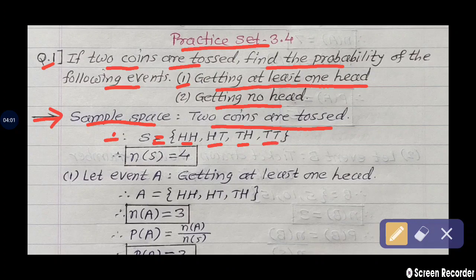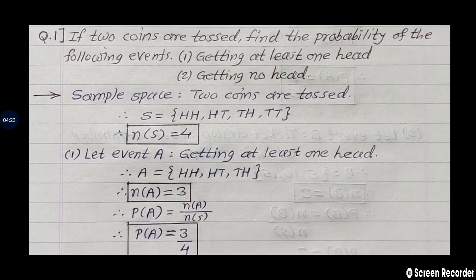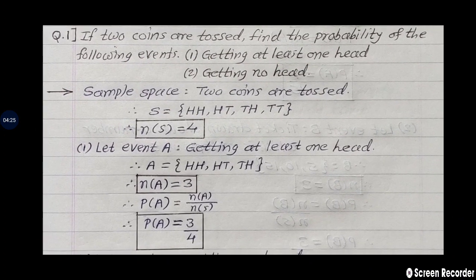All of you know how to write the sample space when two coins are tossed at a time or simultaneously. So how many points do we get in the brackets? 4 points. So N of S is equal to 4. All of you understood this? Next.